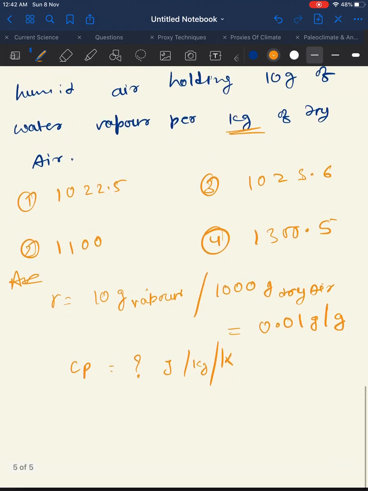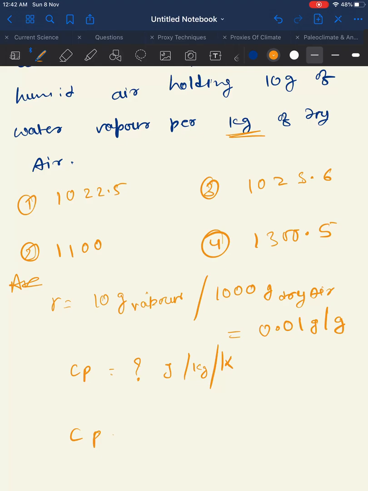Okay, whatever. So now the formula for this is Cp is equal to Cpd into 1 plus 1.84 into R, this one. Here R is basically the mixing ratio, and Cpd we already discussed in the last question.